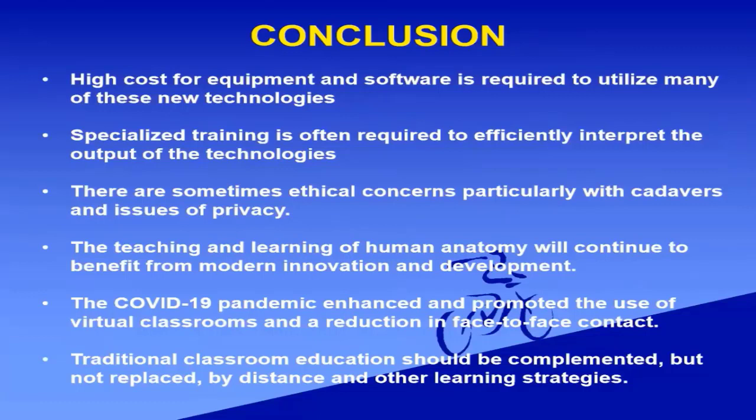There are sometimes ethical concerns, particularly with cadavers, and issues of privacy. But in spite of all these disadvantages, the technological advancements, particularly in the 21st century, are considered to be very positive. The teaching and learning of human anatomy will continue to benefit from modern innovation and development.